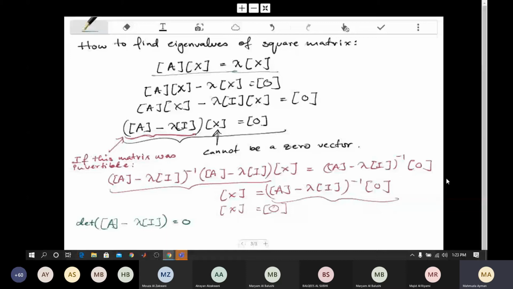Then I have proved it to you why it is not invertible. Because if it is invertible, then we get x to be equal to 0, which is not what we want here. So this one here is not invertible, which means it does not have an inverse, which means it is singular, therefore the determinant of this matrix will be equal to 0. And this one here is your characteristic equation.